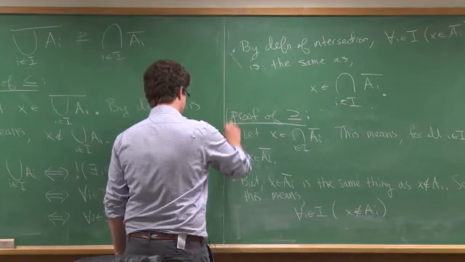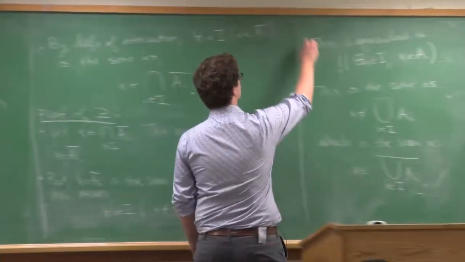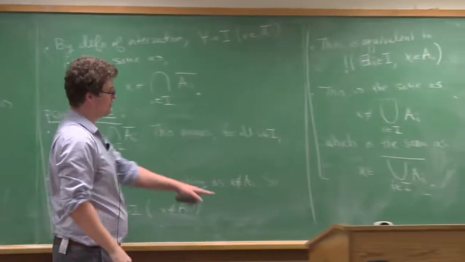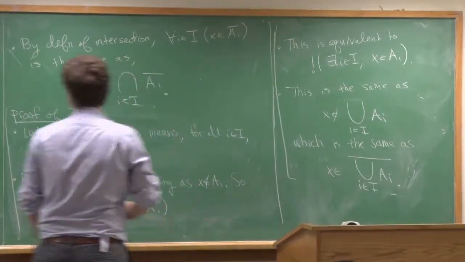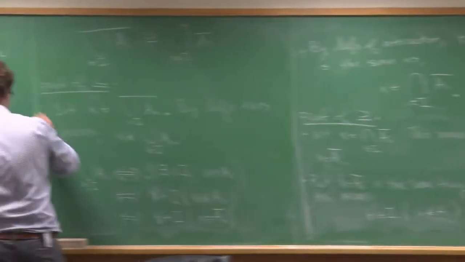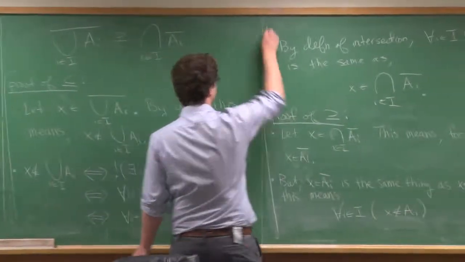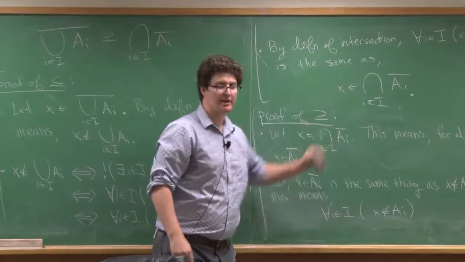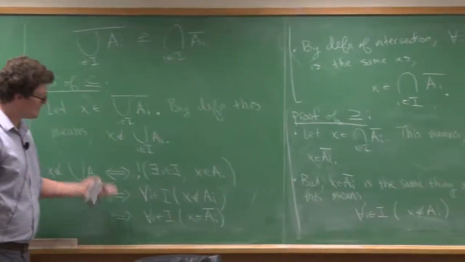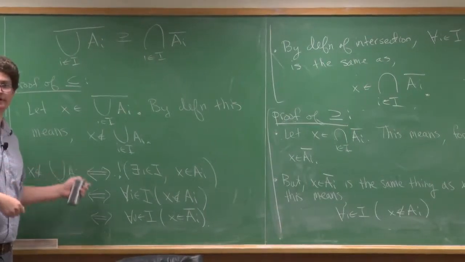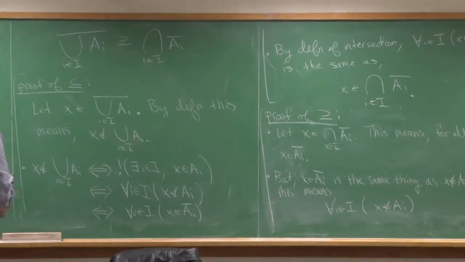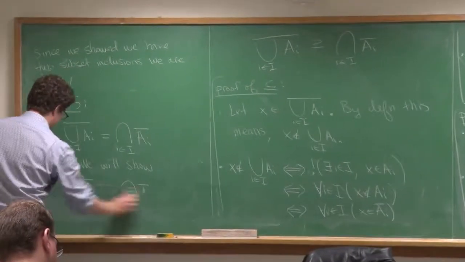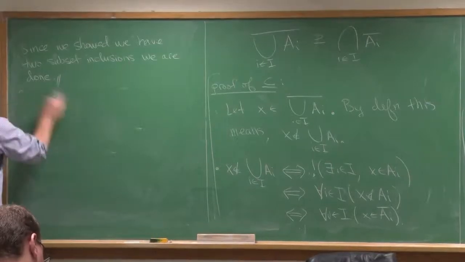So we have this proof here. Okay, we started with x in here, and then we showed that x was in here. And then here we did the same thing, except we did it the other way. x is in here, then x is in here. And you can kind of see from this little argument how you could write it out the short way. Okay? So let me just finish the proof. To finish the proof, we'll just repeat what we just did.